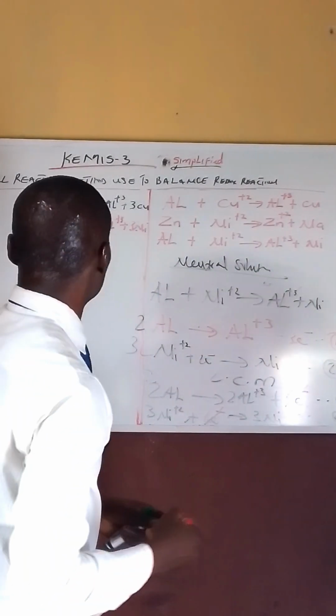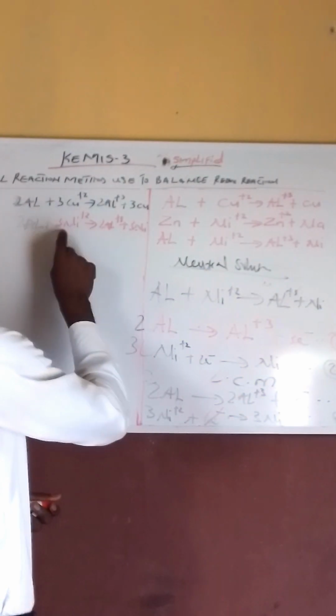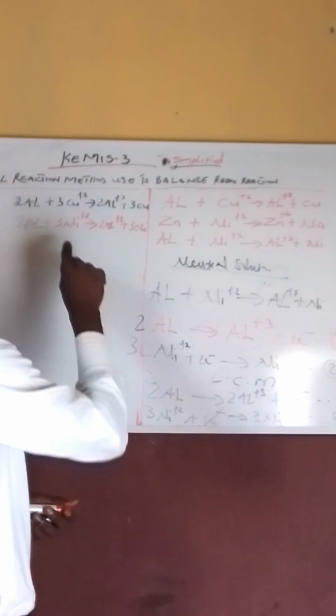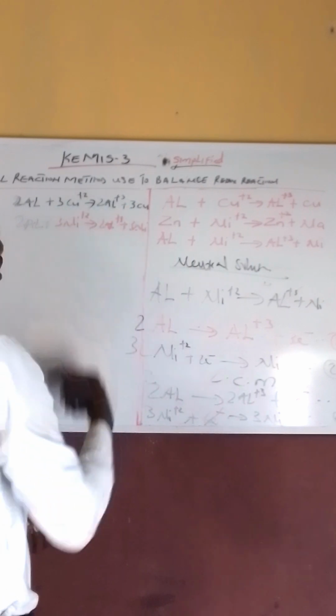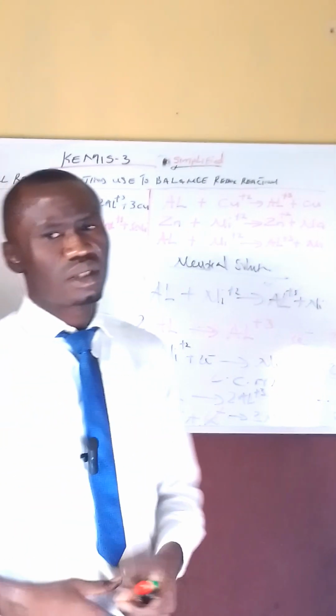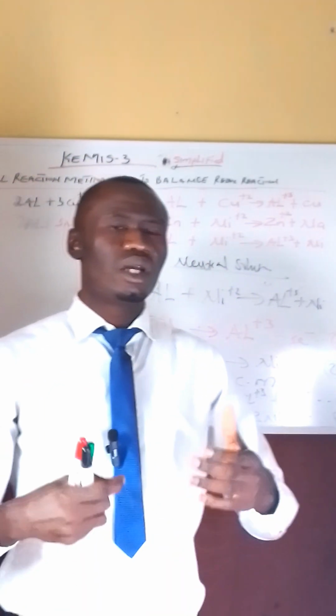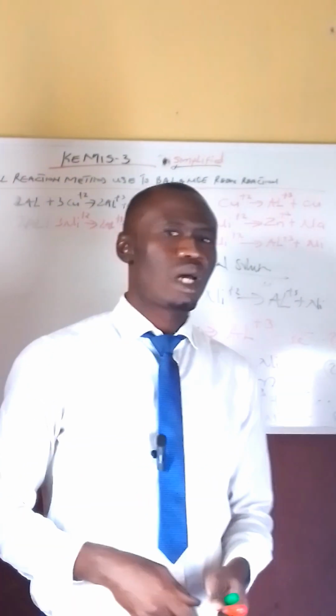Now let's check whether it's balanced. We have 2 aluminium here, 2 aluminium here, 3 nickel here, 3 nickel here. The charges now, 3 times 2, 6, 2 times 3, 6. Now, this is what we mean by balancing redox equation under neutral solution.